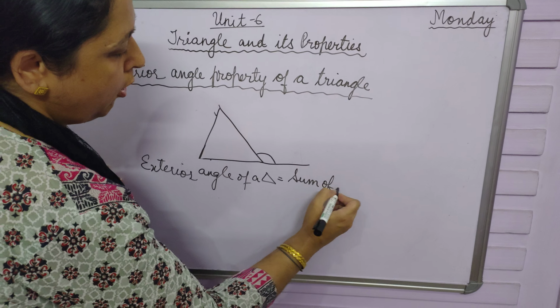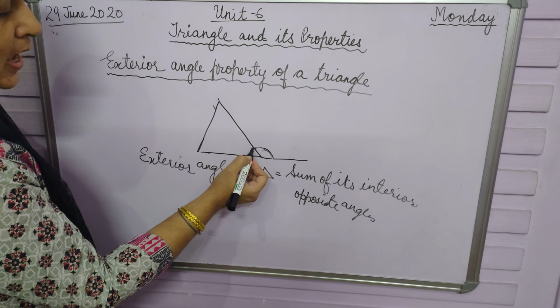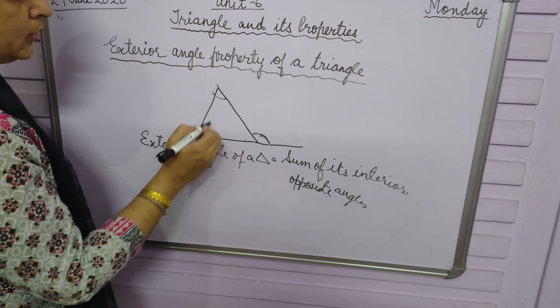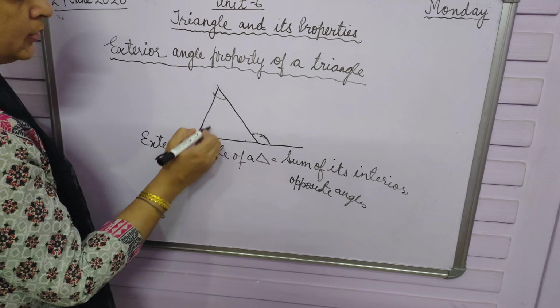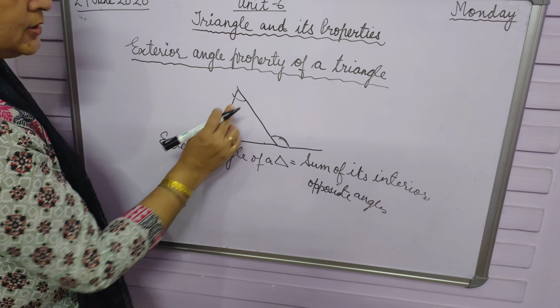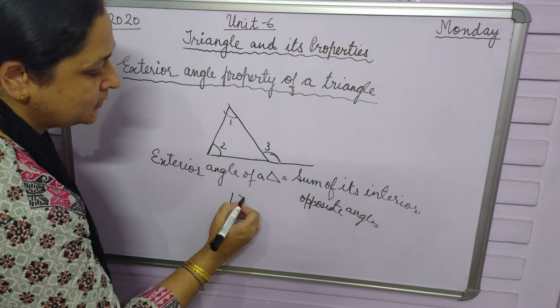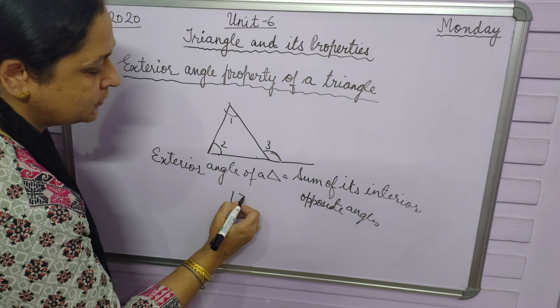Now what is meant by this interior opposite angles? This is the exterior angle, and leave this angle which is adjacent to this, leave this angle, whatever these 2 angles are, then we can say that this angle is equal to sum of these 2 angles, or I should say that angle 3 is equal to angle 1 plus angle 2.